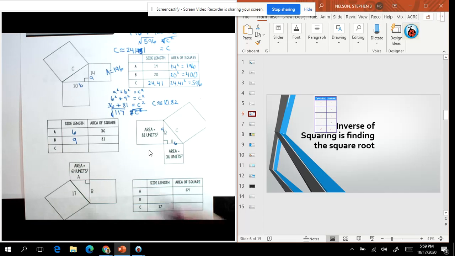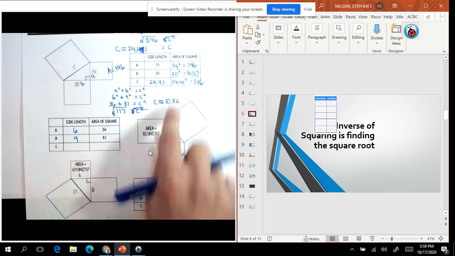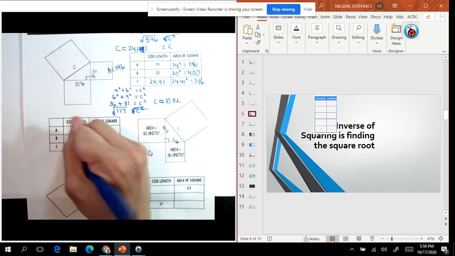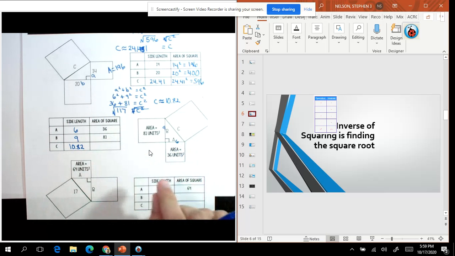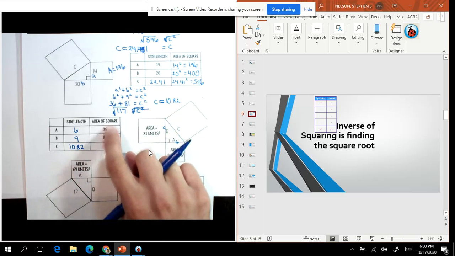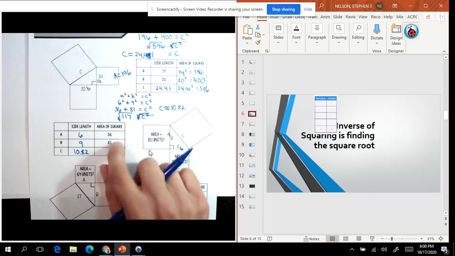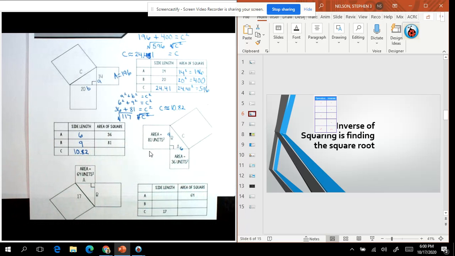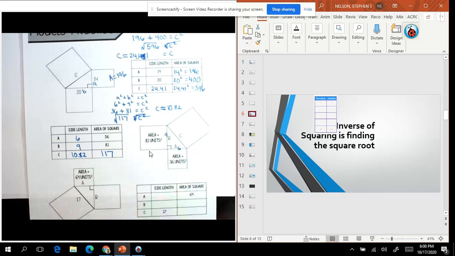So we'll write in the side length, which is 10.82, and the actual area, which would be this squared, or these two added together. So you can either write it out completely, or you can just add these two together. 81 plus 36, which was 117 we said. So this is the area, 117.